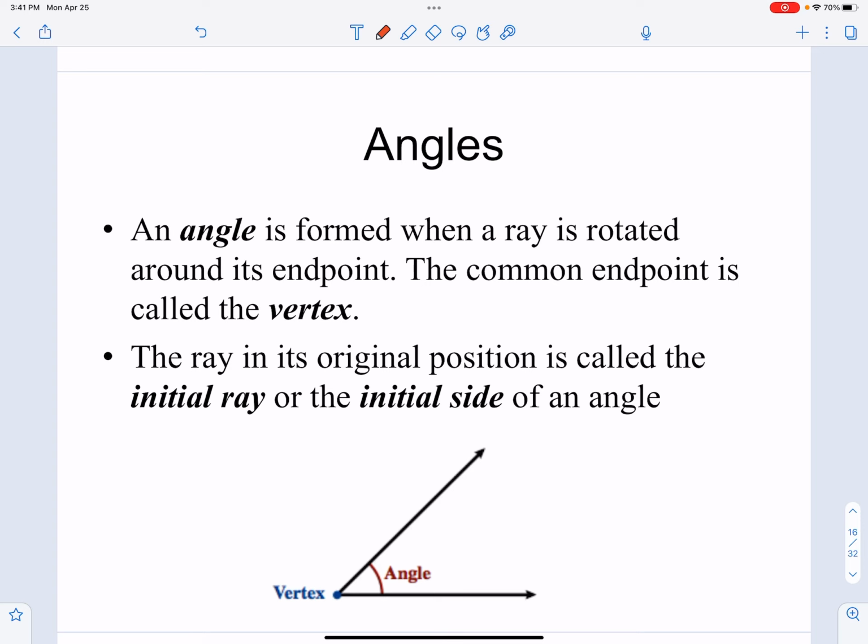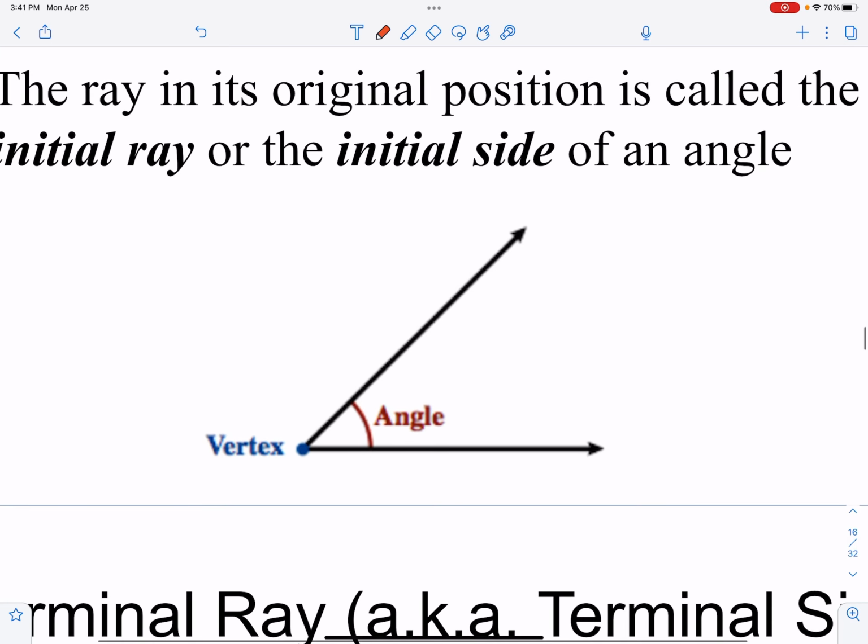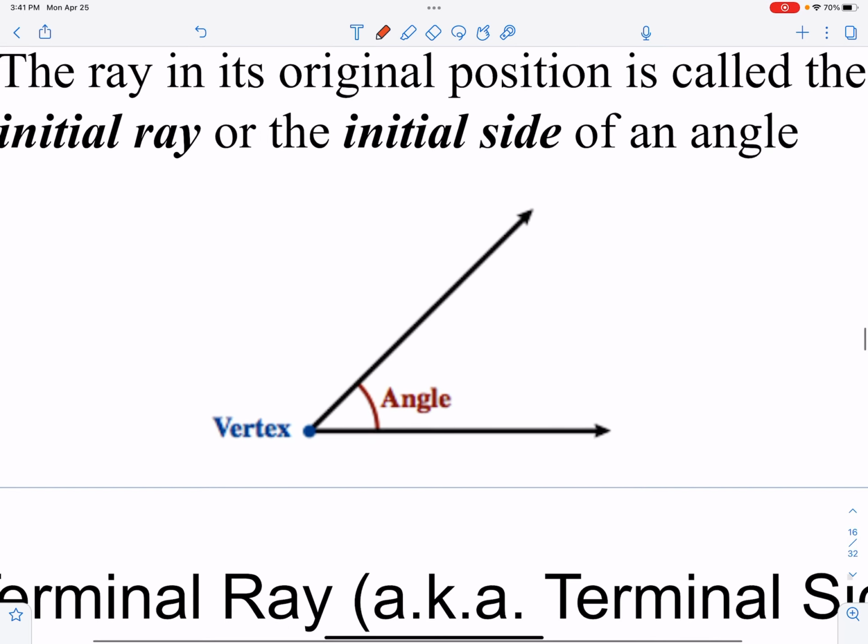So an angle is formed when a ray is rotated around its endpoint. The common endpoint is called the vertex. And the ray in its original position is called the initial ray, or the initial side of the angle. So in this picture, we've talked about this a little bit. This would be the initial side of the angle.